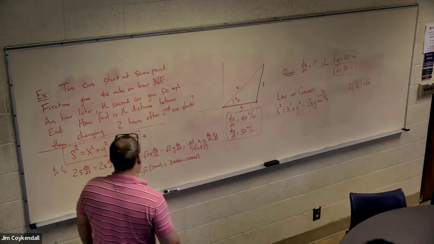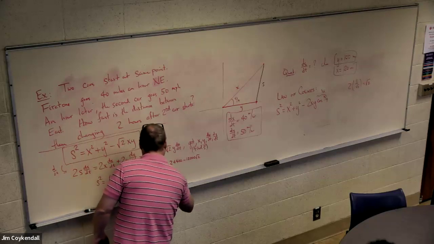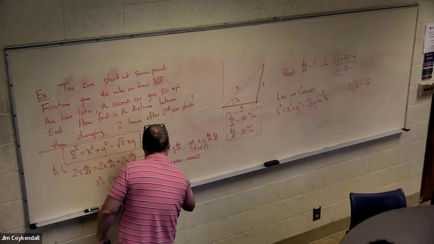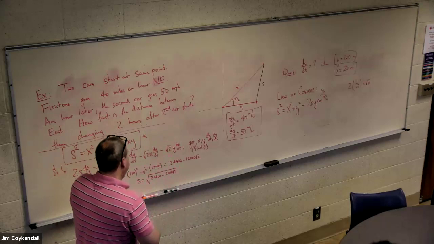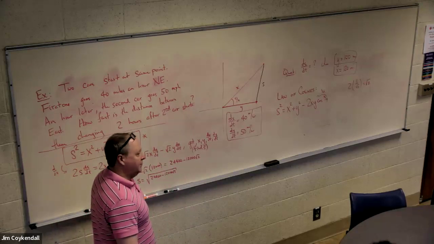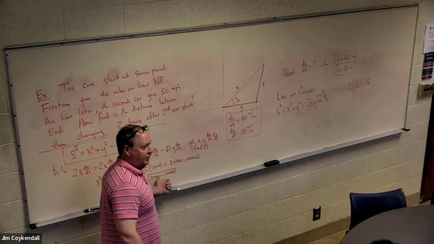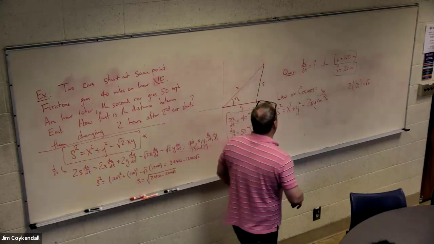That's what S squared is. So S is the square root of this. Until the last minute, I'm just gonna call this S, because nobody wants to write that every time. So let's do that.